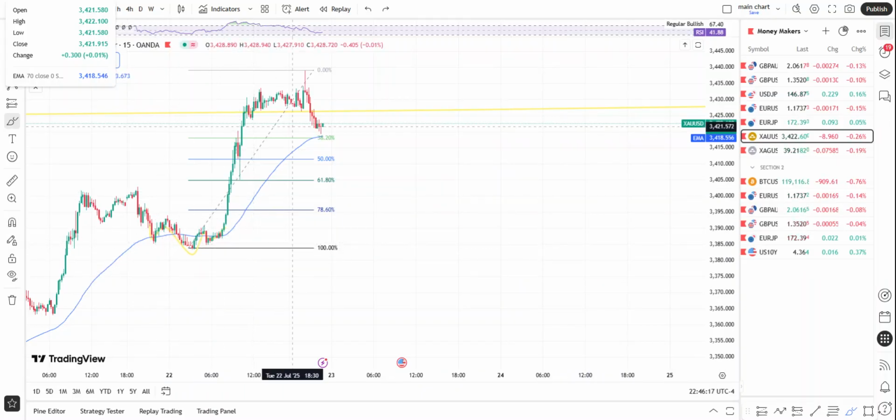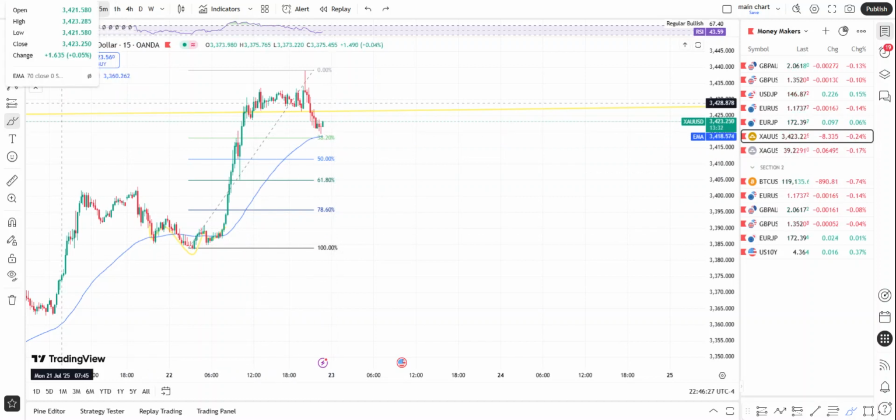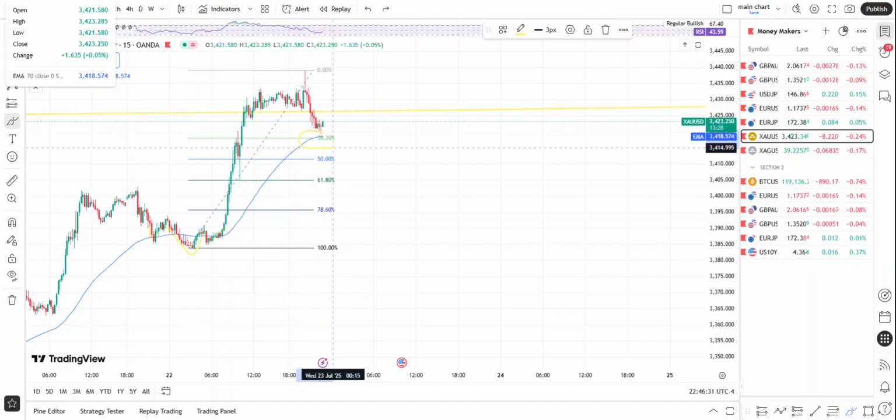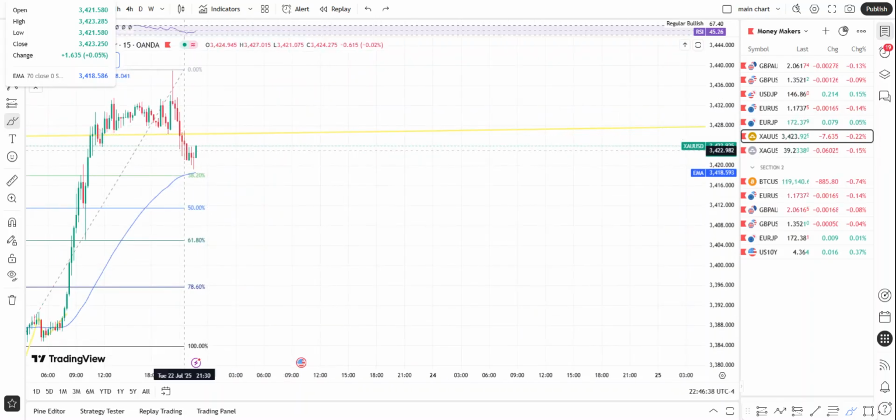So we're looking for some type of reversal pattern. We can do candlestick patterns or just general price patterns. But I'm looking for some type of test of this area right here, the 38.2 level. Mind you, this might be the test right here, an evening star pattern.